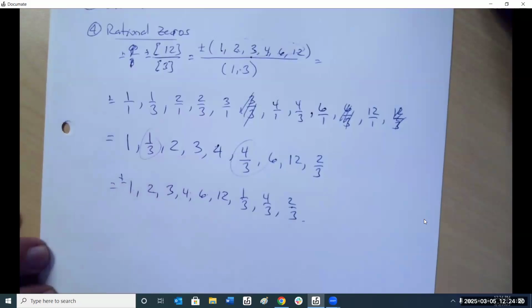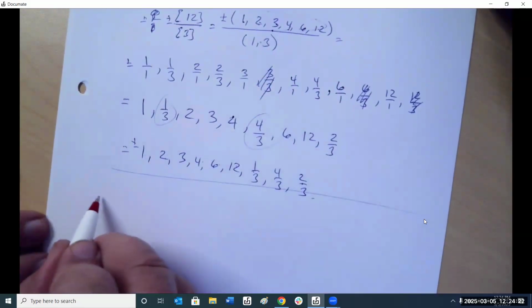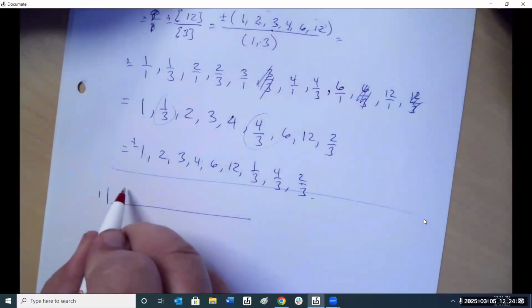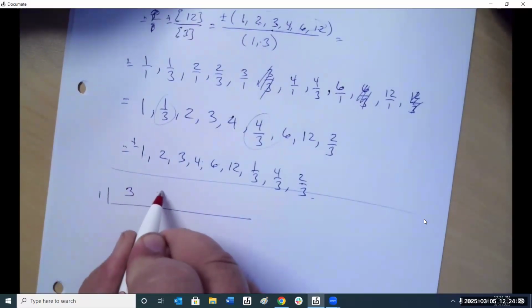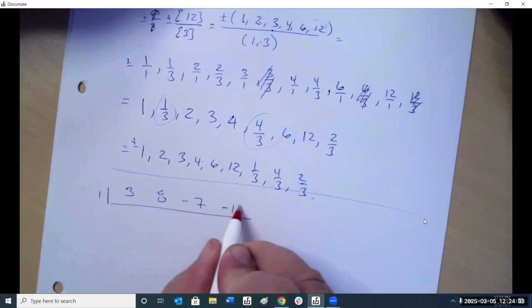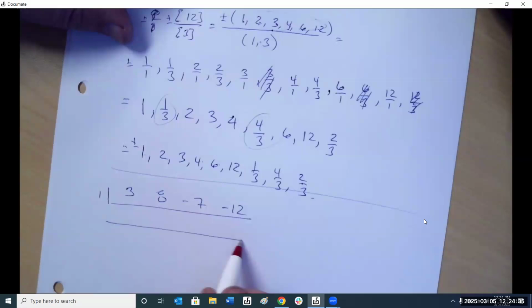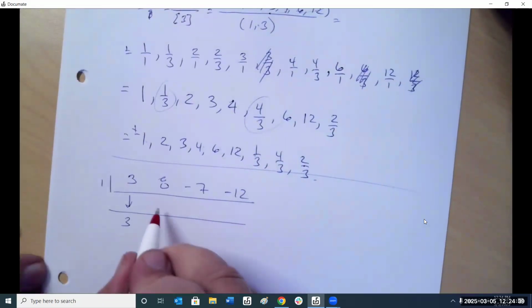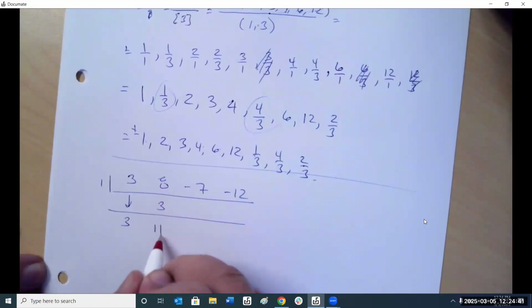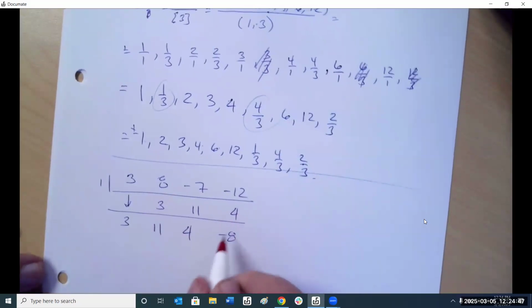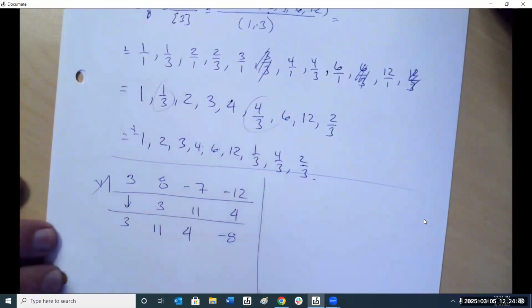So now we start with positive and negative 1. Our polynomial is 3, 8, negative 7, negative 12. So it's not 1.